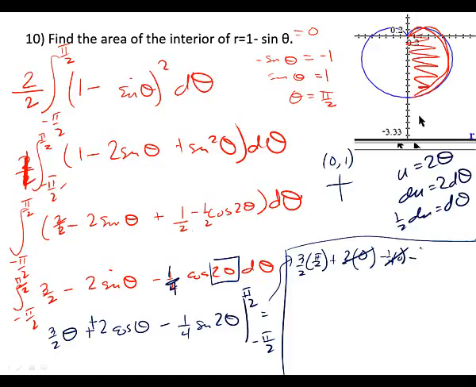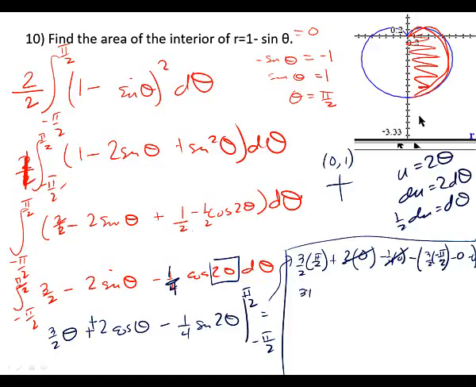Minus 3/2 times negative pi over 2. And then the cosine of negative pi over 2 is still 0, isn't it? And the sine of negative pi is also 0, so that goes away.